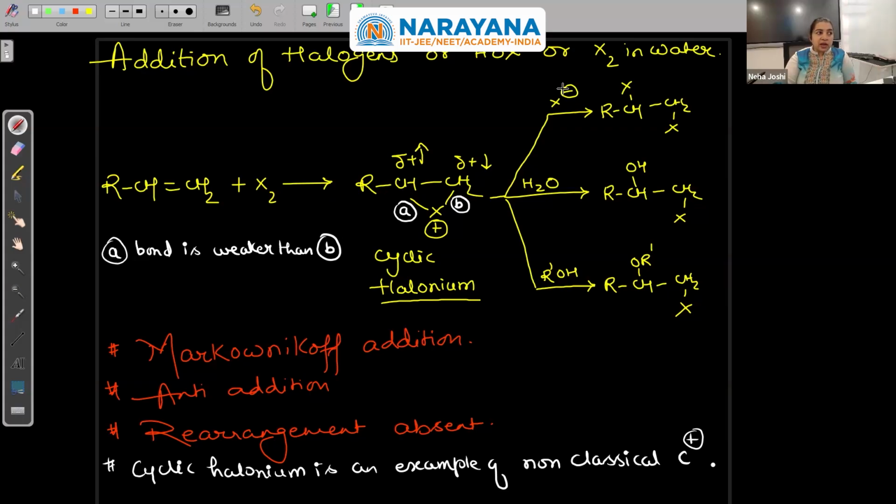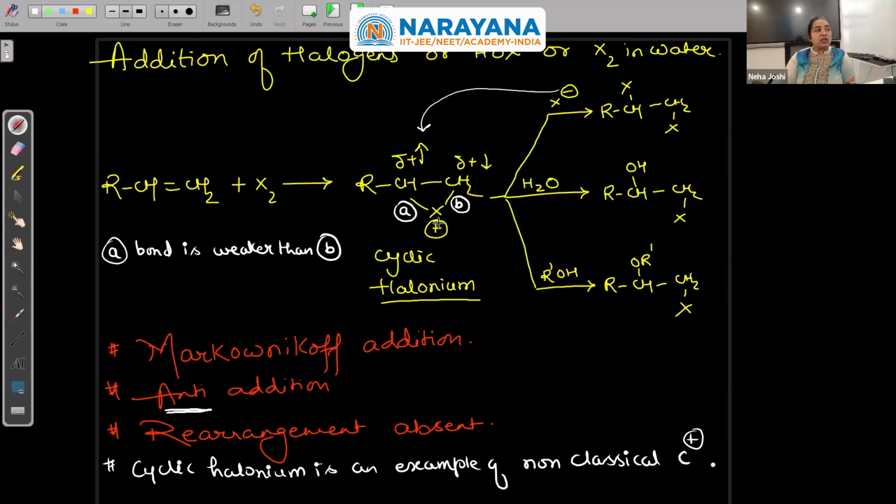Now X minus will attack from this side because the other side is already crowded. So the halogen is on one side and X minus from the opposite. That is why you will always have anti addition for these three, whether X minus attacks, water attacks, or alcohol attacks. Whatever attacks the halonium will attack from the opposite side.